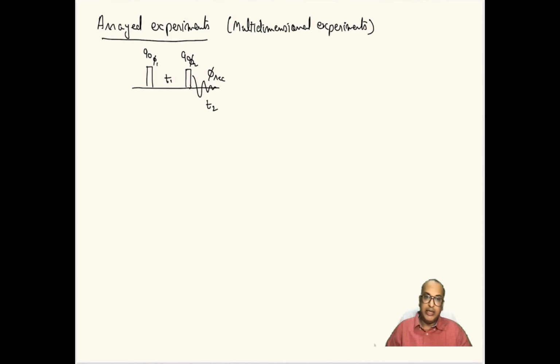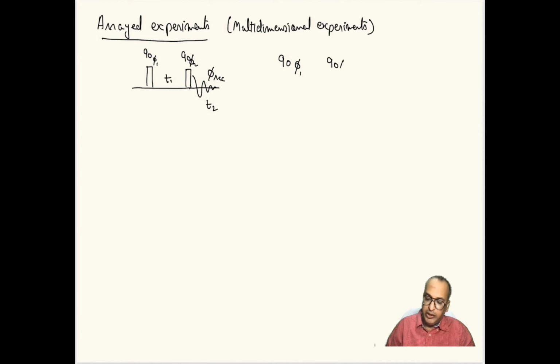Now you see that we have labeled the two pulses as 90 phi 1. The 90 represents the flip angle and phi 1 represents the phase cycling, that it is not a constant phase, there is some sort of phase cycling associated with this particular pulse.